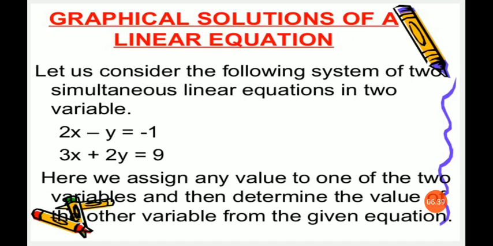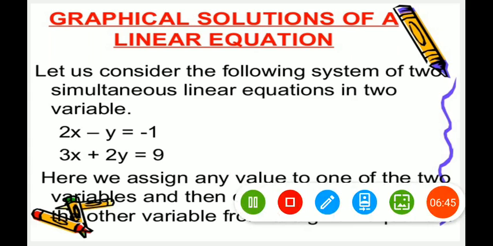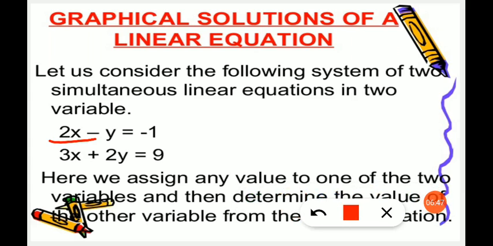Now, graphical solution of a linear equation. Suppose we are given two linear equations: 2x minus y is equal to minus 1, and 3x plus 2y is equal to 9. As the name suggests, graphical solution means we have to make a graph of the linear equations.